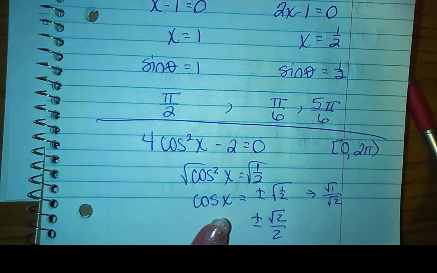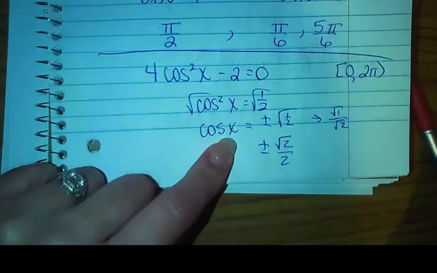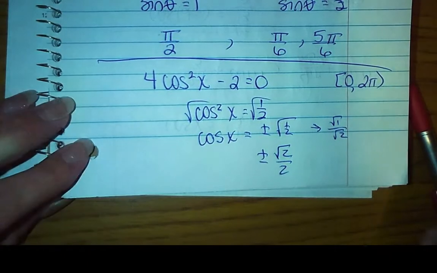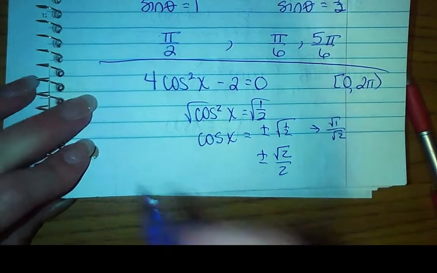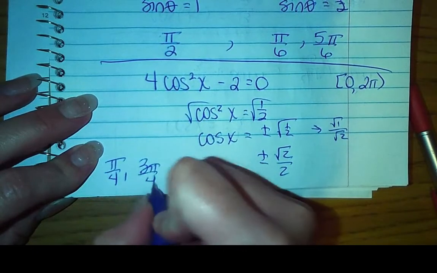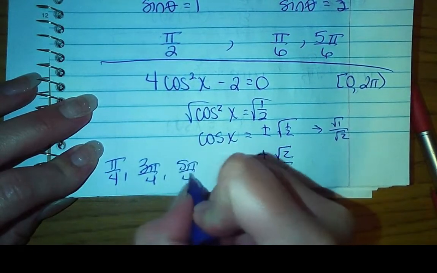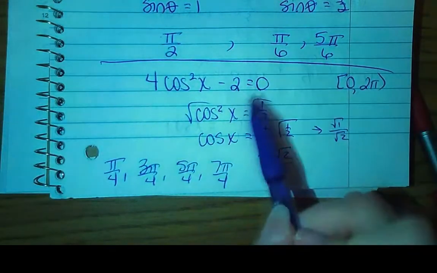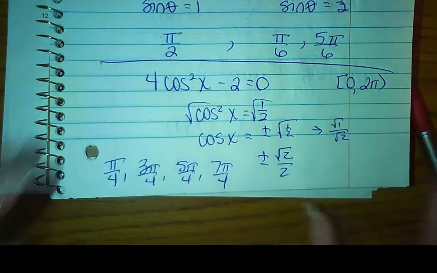So I would like to know, where does cosine equal a positive or a negative root 2 over 2 within one lap of the unit circle? And that's going to be at pi over 4, 3 pi over 4, 5 pi over 4, and at 7 pi over 4. So again, you need to sub that in and check just to make sure, because at some point these are not going to work, okay?